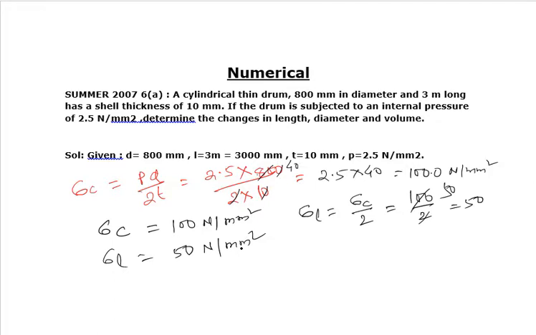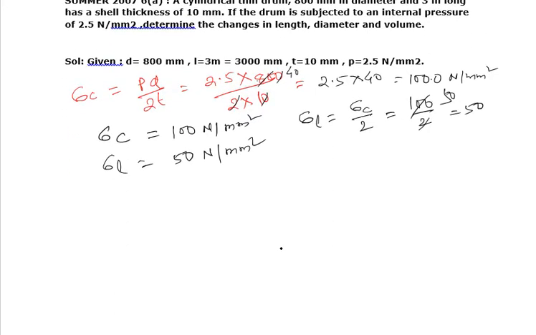Now here we have to assume, because E is not given, E, that is Young's modulus of elasticity, and Poisson's ratio also not given.